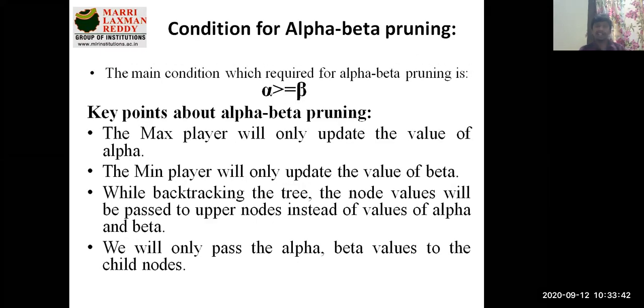Now let's look at the conditions we use for alpha beta pruning. The main condition is alpha greater than or equal to beta. If anybody is noting down important points, keep this as an important condition.